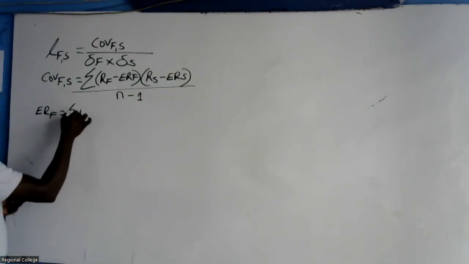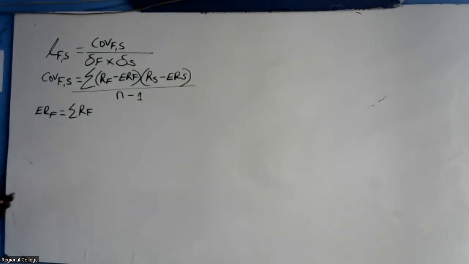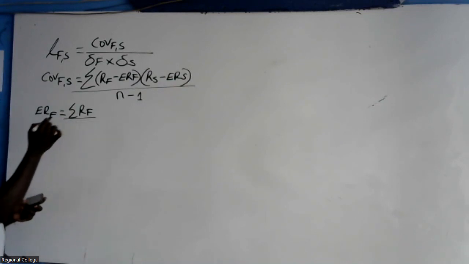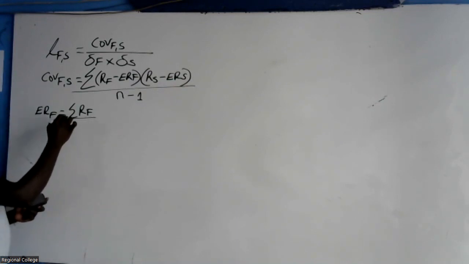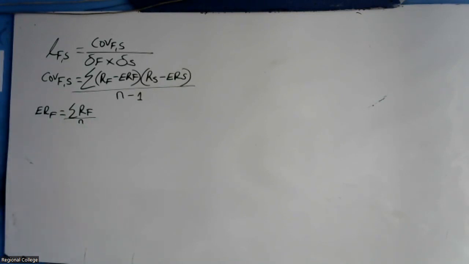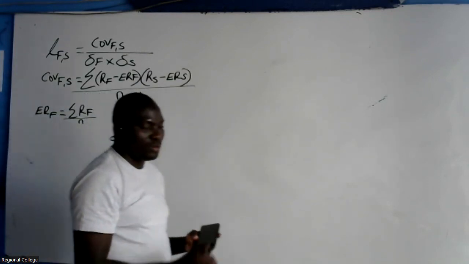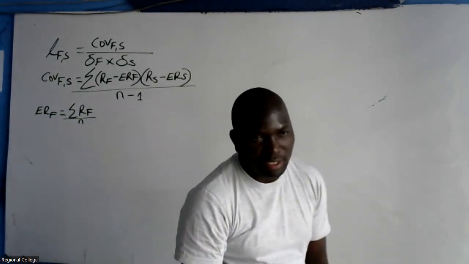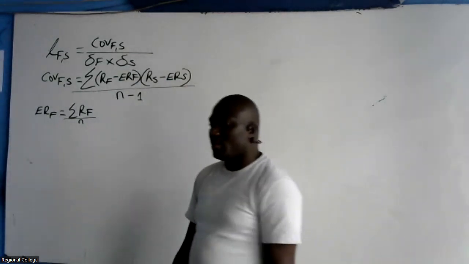Summation of returns of F, again no probability, divide by n. The simple average, total over number. Expected return is like mean. In absence of probability, how do we get the mean? It's the average. We add everything and divide by the number of periods, right?